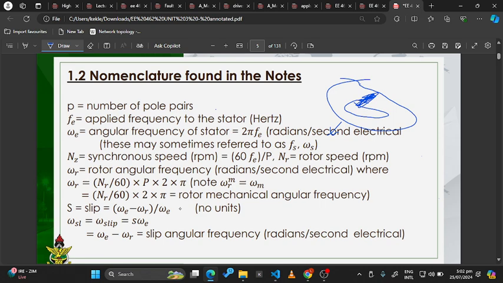Once the rotor stops moving, the shaft stops. So the rotor needs some medium in here, so that there is some space between the rotor and the stator.